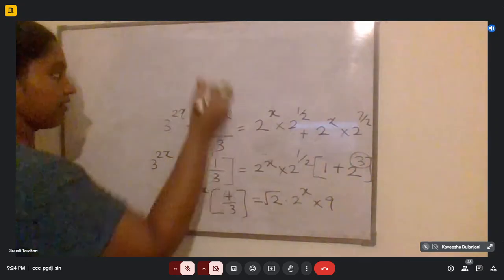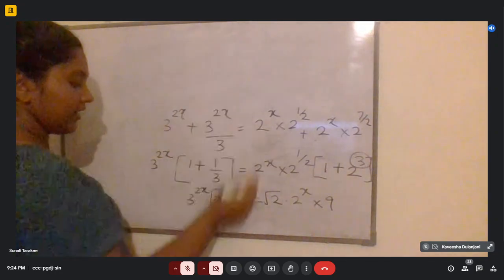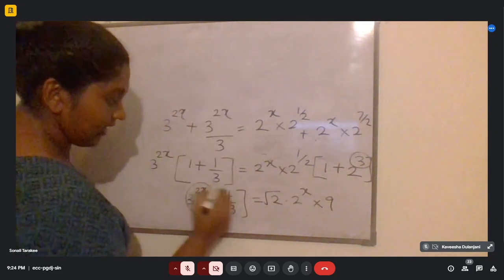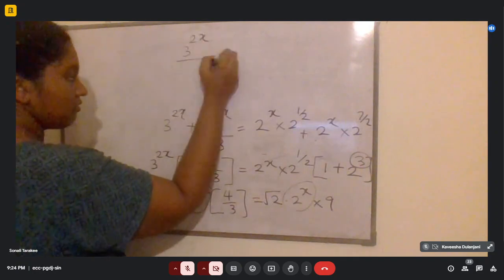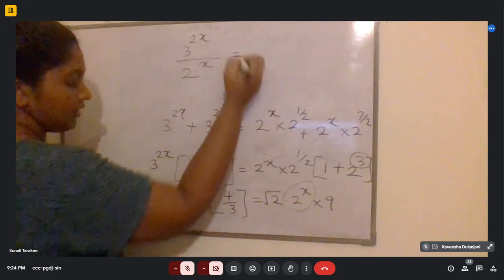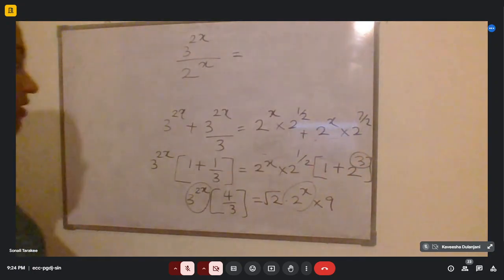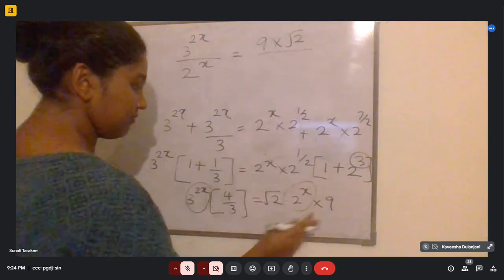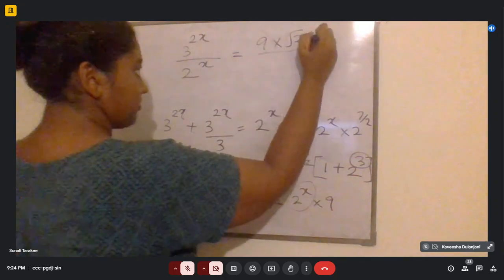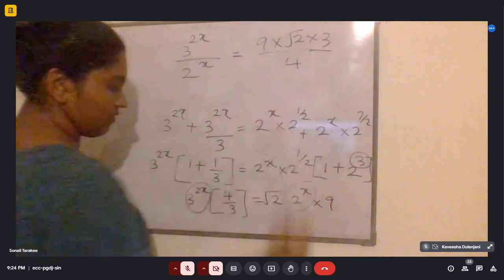So once you solve this one, I'll take the x's into one side. So 3 to the power 2x over 2 to the power x equals 9 times root 2 times 3 over 4.